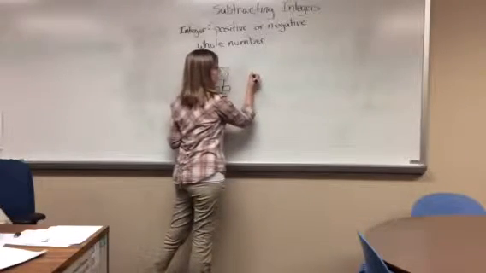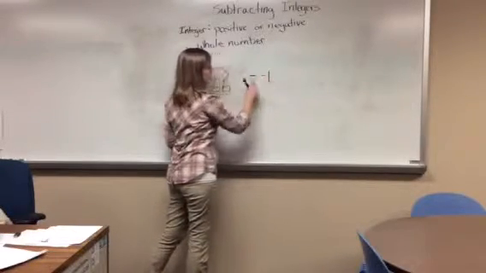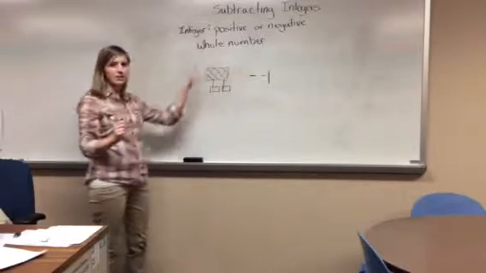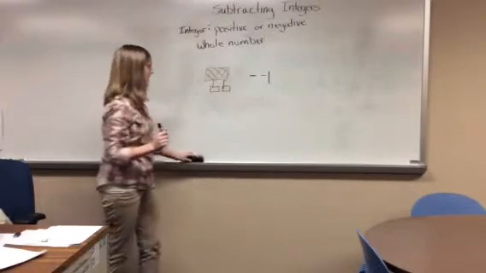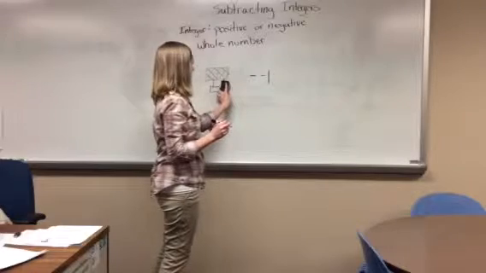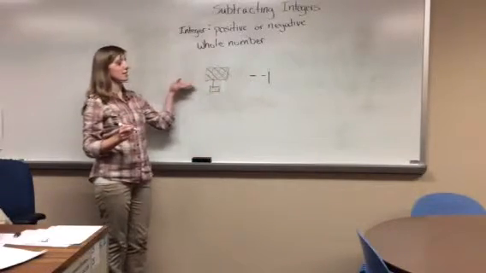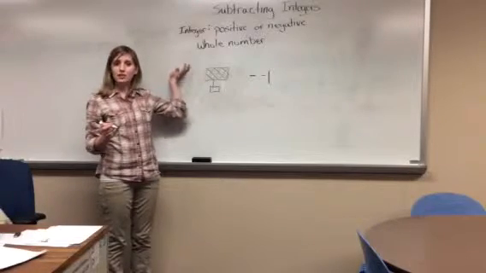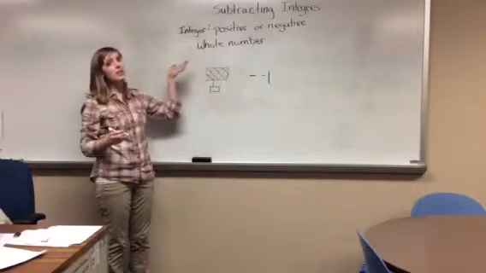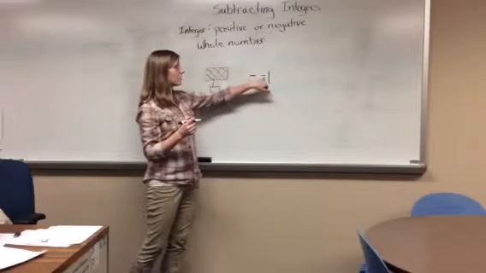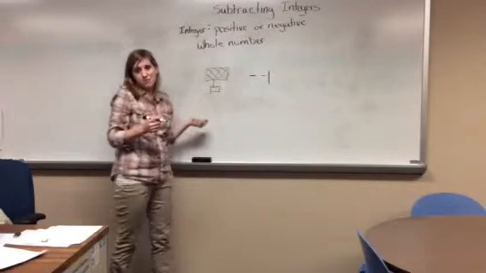If I'm trying to take off, let's say a -1, subtracting a -1 from my basket, that would be like taking off one of the weights from the basket. And when that happens, our basket actually gets lighter. It will go up. So subtracting a negative is like taking off a weight.